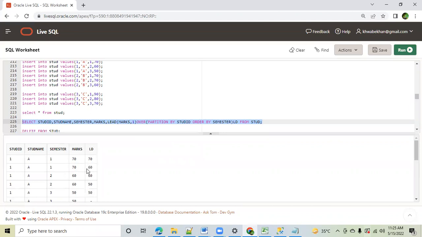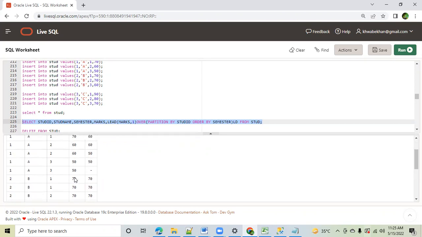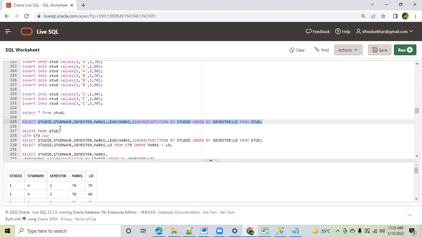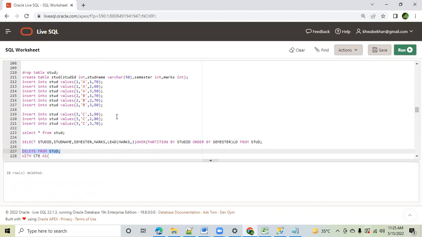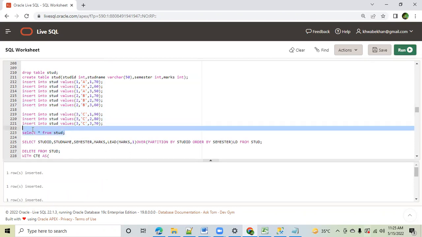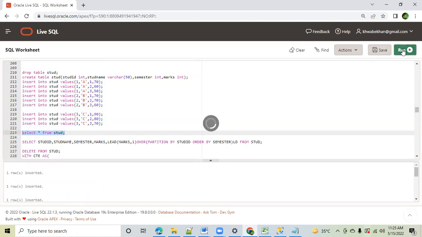Partition by student ID I have written now. 70, 70, 70, 60, 60. How many student IDs are there? 1, 2, 2, 1. Oh, there's a duplicate record in this table. That's why I was thinking that there's something wrong. I inserted this table again. Fine, so I've inserted the records again in this table.